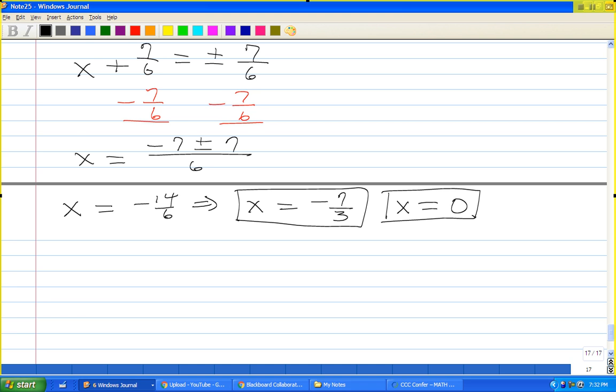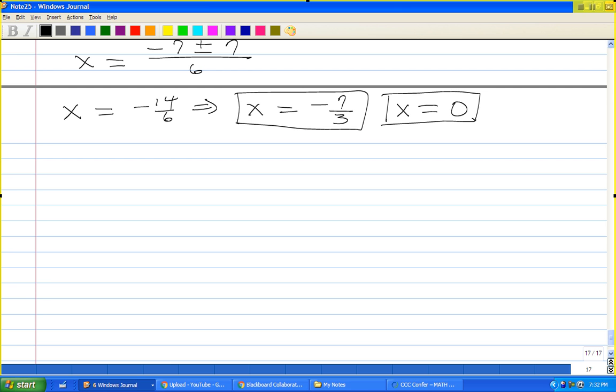Let me do problem 103. x squared over 3 plus x over 2 is equal to 4.